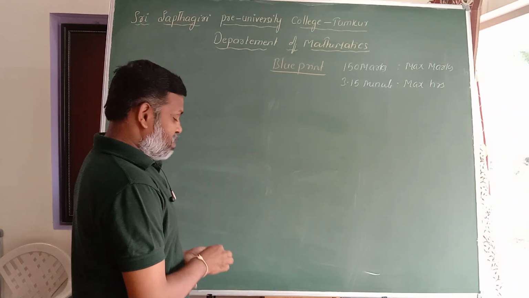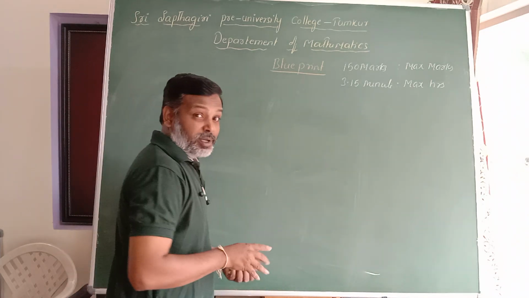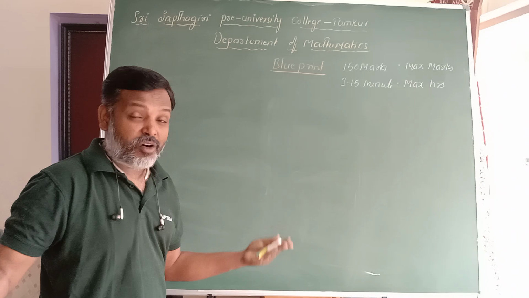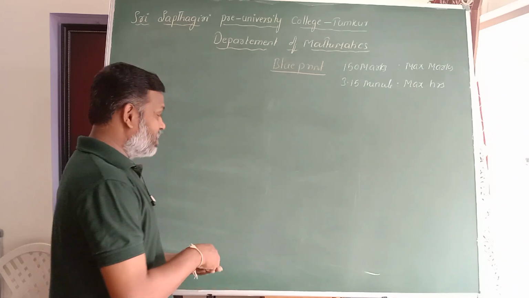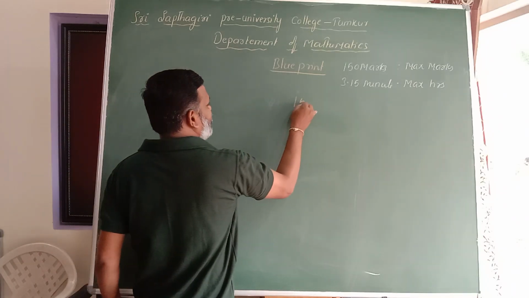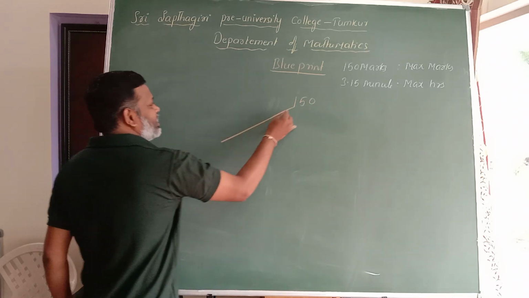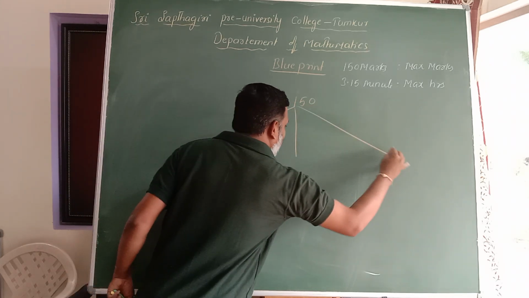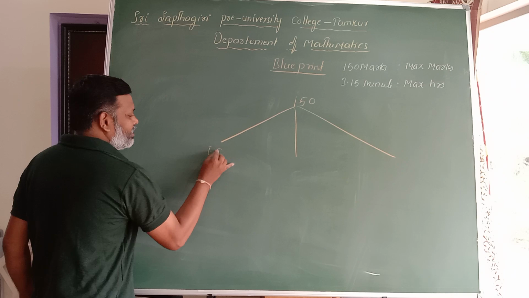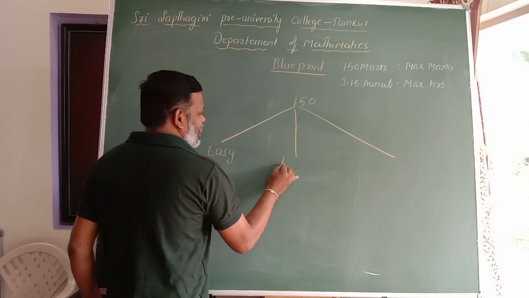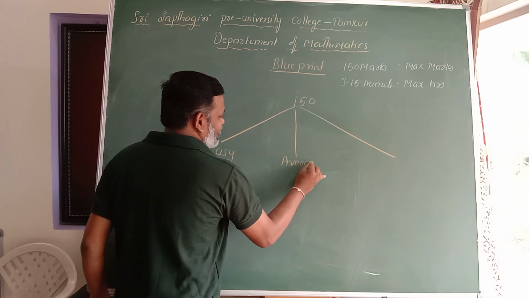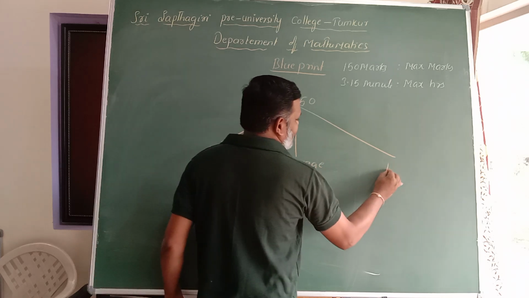So in 150 marks, how can they divide the question paper, the standard, that level of questions? In 150 marks, they divide into easy, next is average, and the next one is difficult.